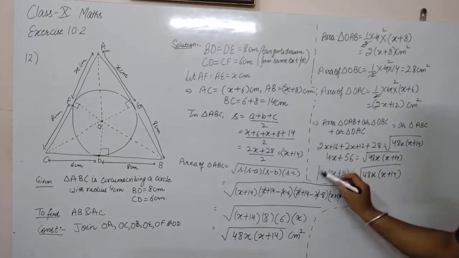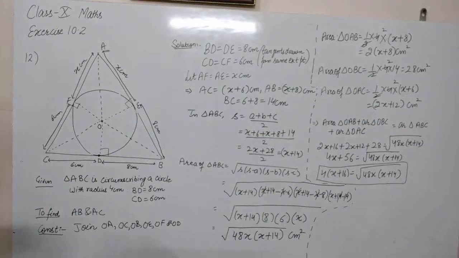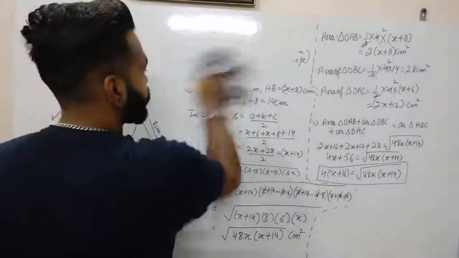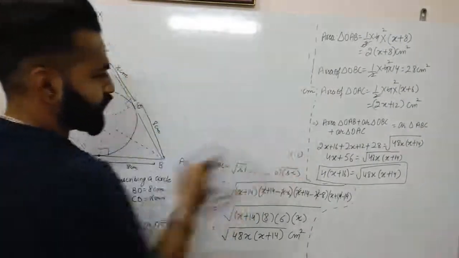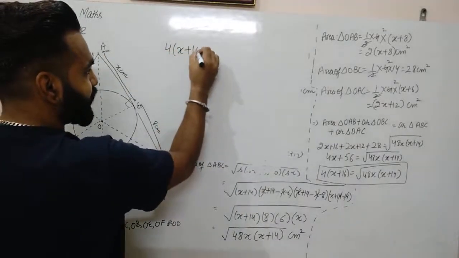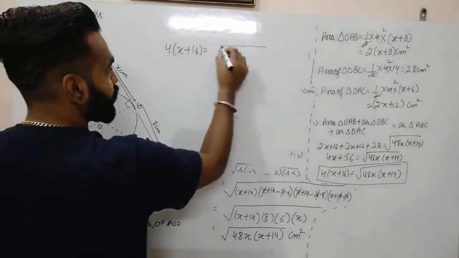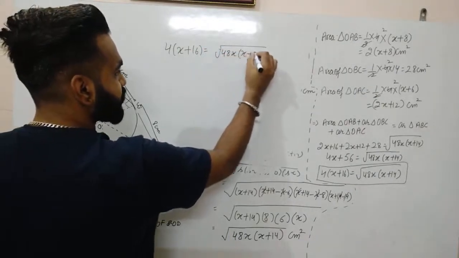So this is the final equation we have constructed. Now I am rubbing the starting part here. So this is the equation, 4 into x plus 16 is equal to 48x into x plus 40.